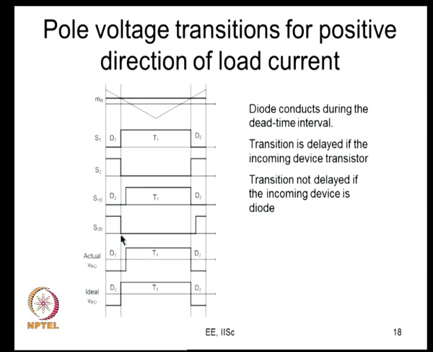Therefore, the top transistor cannot start conducting, the bottom diode will continue to conduct. So, that is what happens here, and because of that your average pole voltage is like this, it goes beyond that. Ideally the average pole voltage would have switched here, the transition would have been here, now the transition is here now.